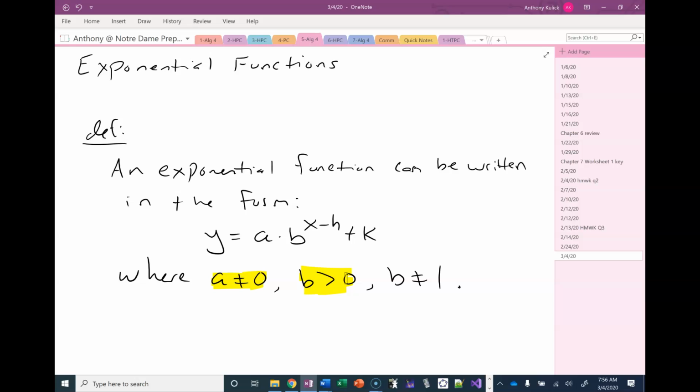What kind of an exponent would be a problem if there was a negative number in the base there? We saw this just last chapter.